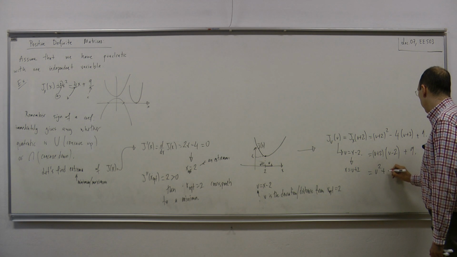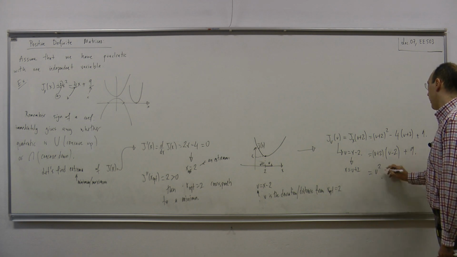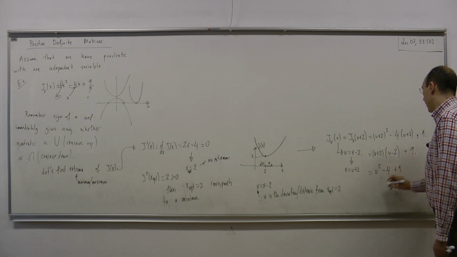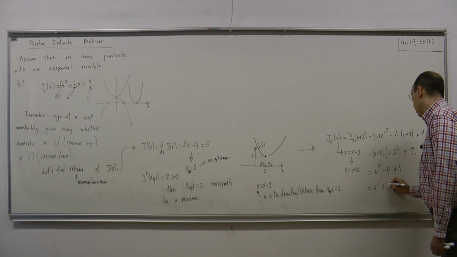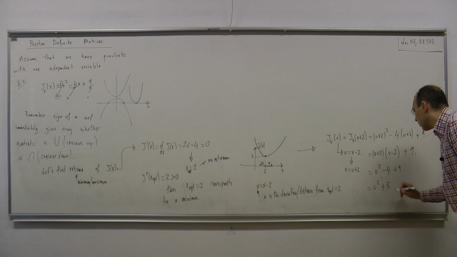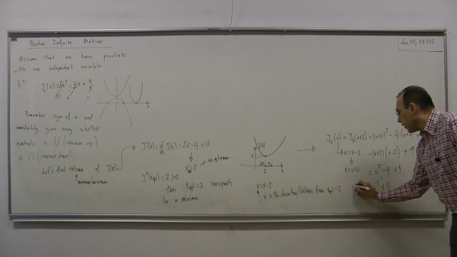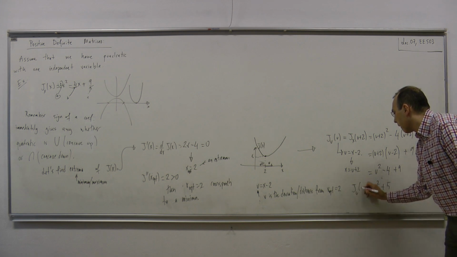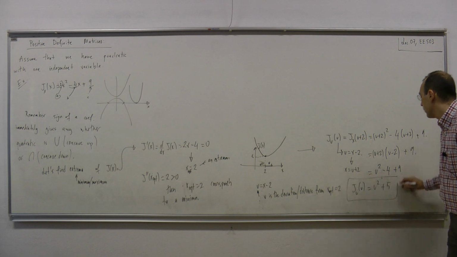I have u squared, plus, this is u squared minus 4 plus 9. So I have u squared plus 5. Okay, this is 5. So I get this deviation function, u squared plus 5.